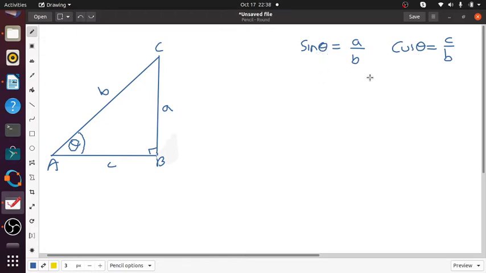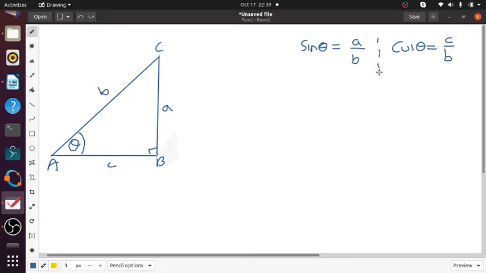Also you can find the tan function, but we are only restricting ourselves to sine and cosine in this video. Given these sides, you can find sine theta as A over B. A is the opposite side, B is the hypotenuse. Cos theta is the adjacent side divided by the hypotenuse, that means C over B.